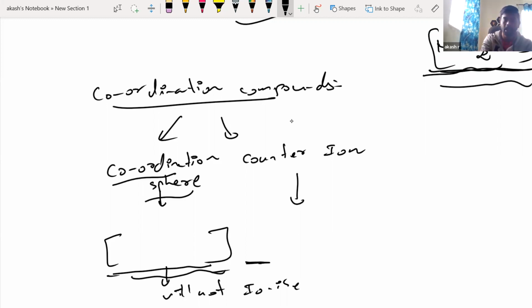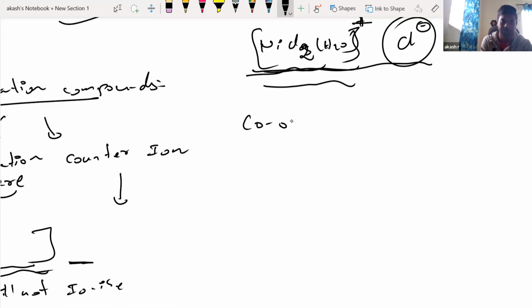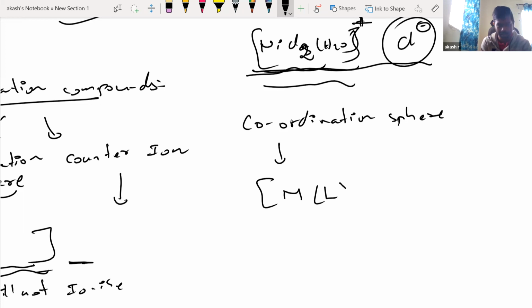Now, delving deep into this coordination sphere, what is going to be there in it? Let us write a general formula. Say I have some metal M, and some number n of ligands L, and some positive or negative charge, so we write [MLn]^(a+/-).